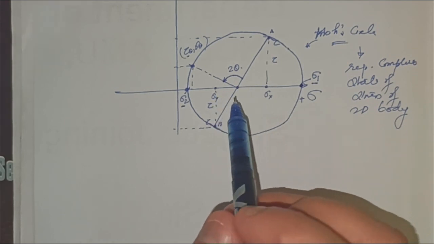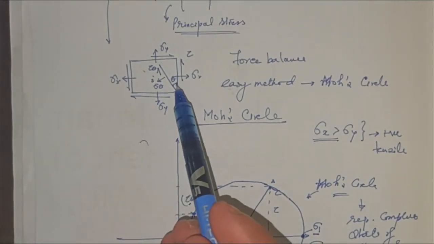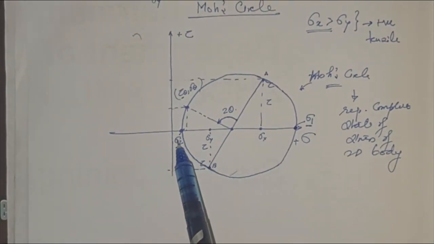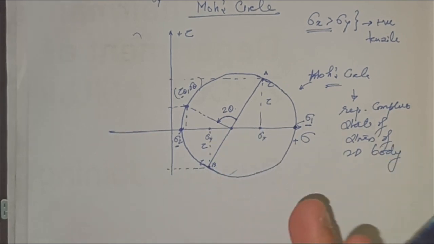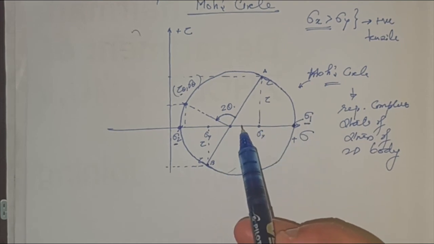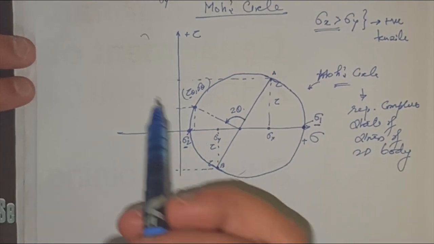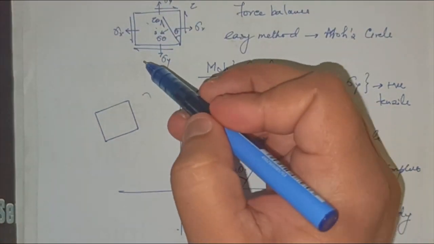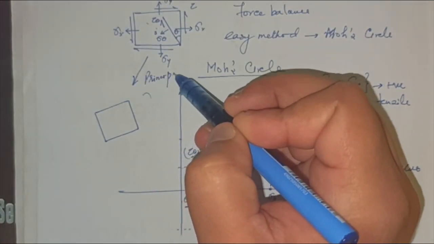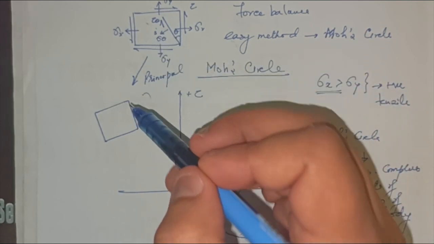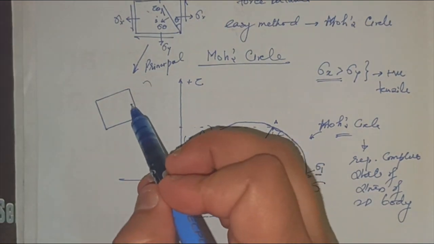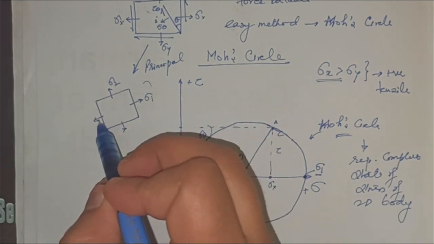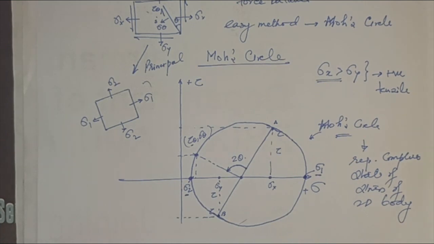This tells you why we have taken 2 theta here instead of rotating by theta. If I find the transformation along the principal planes, I will have sigma 1 and sigma 2 on the principal plane.